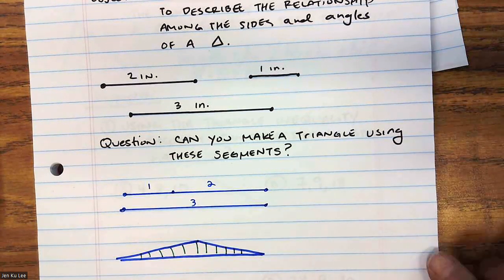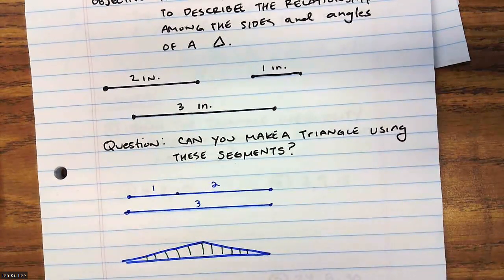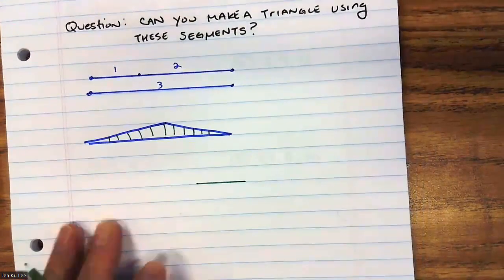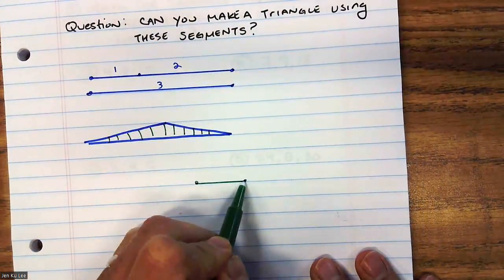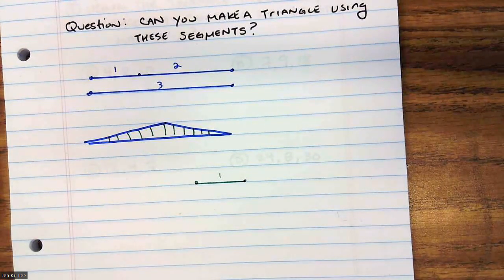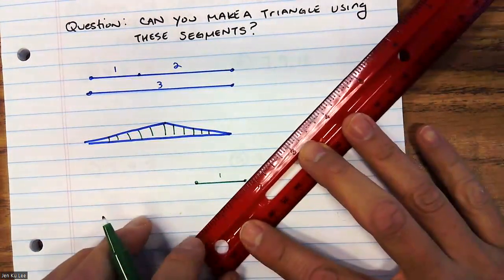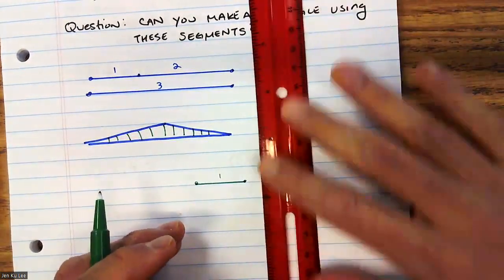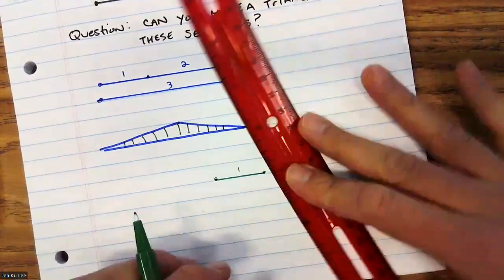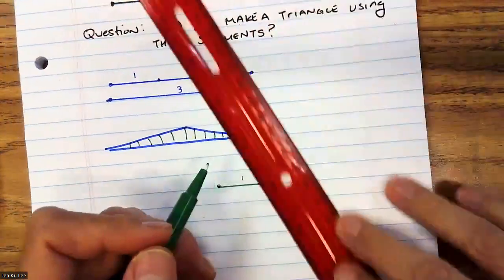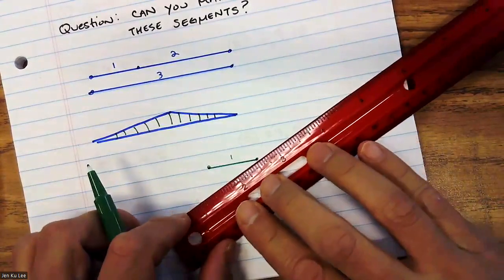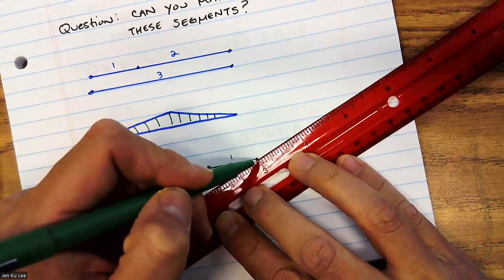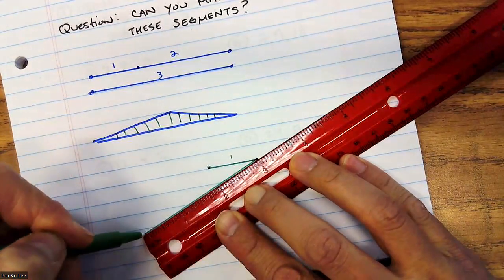Okay. The question was, what if the 1 inch was the base? If that's 1, I'm going to go with the 3. Let's say that this is 3. Or let me make the thinnest possible without making it look too thin.